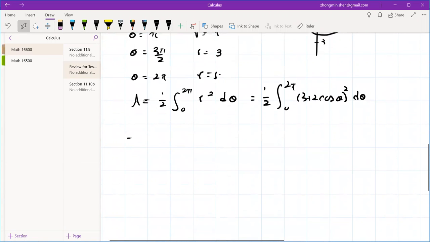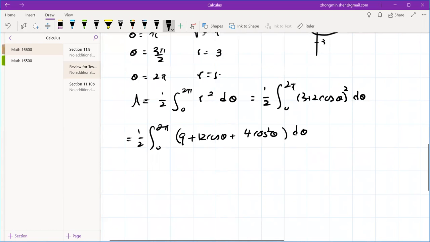You can multiply this out: 9 plus 3 times 2 times 2, 12 cosine theta, plus 4 cosine squared theta d theta. The integral of cosine theta is going to be 0 because it's a periodic function from 0 to 2 pi and has equal area with negative sign, so positive and negative cancel out. You don't even need to worry about it.